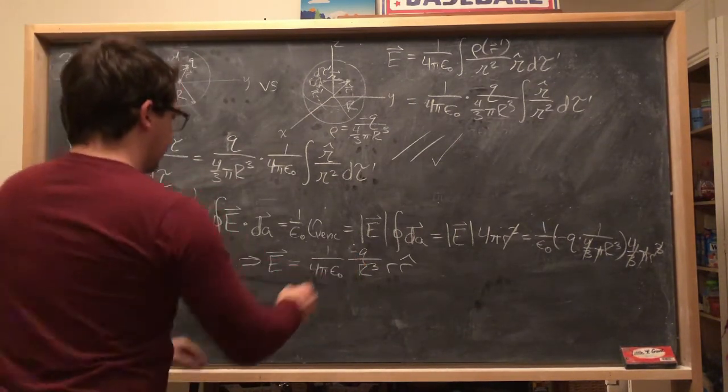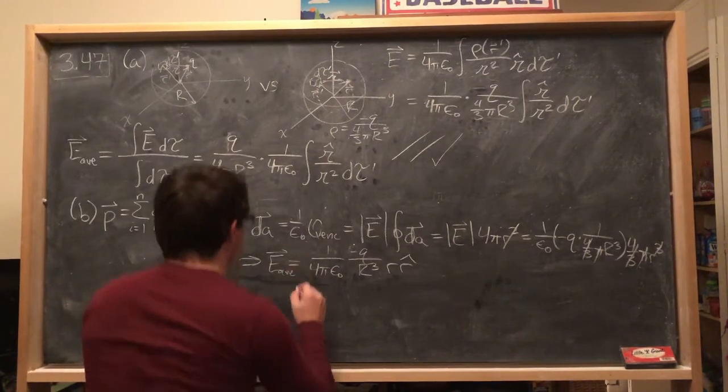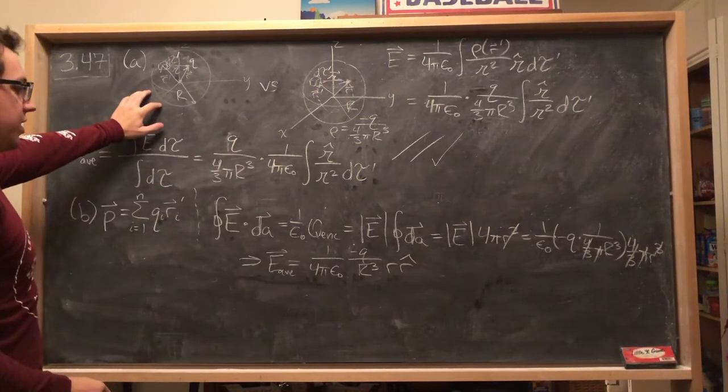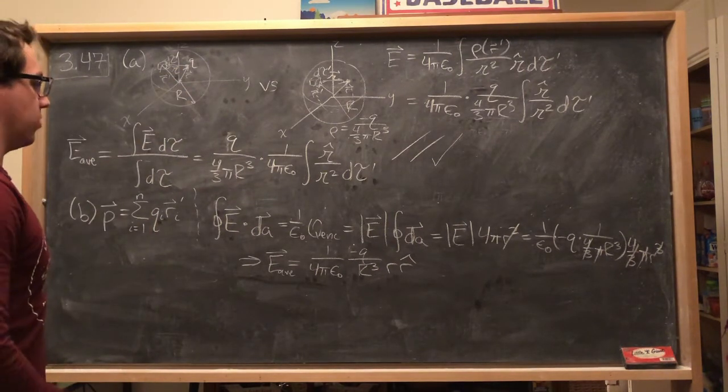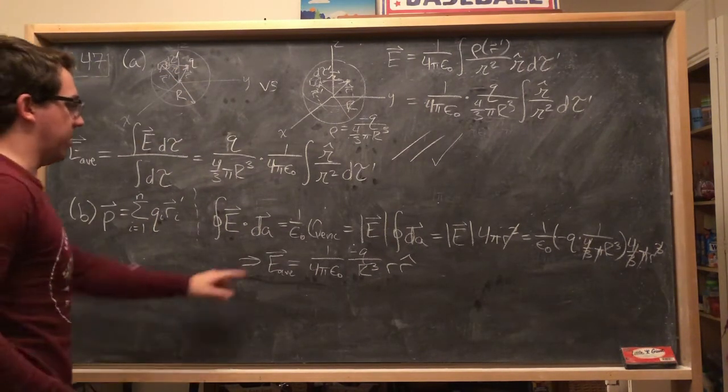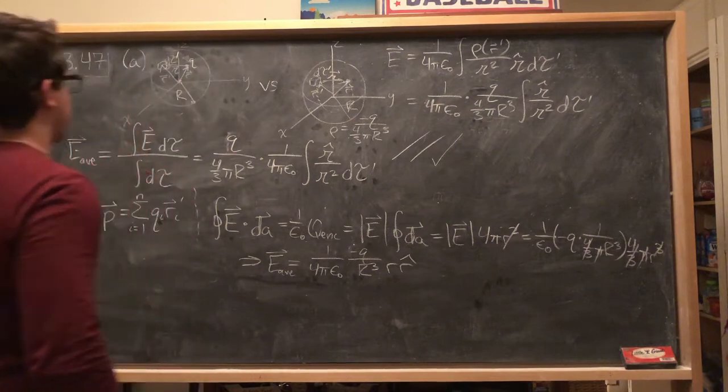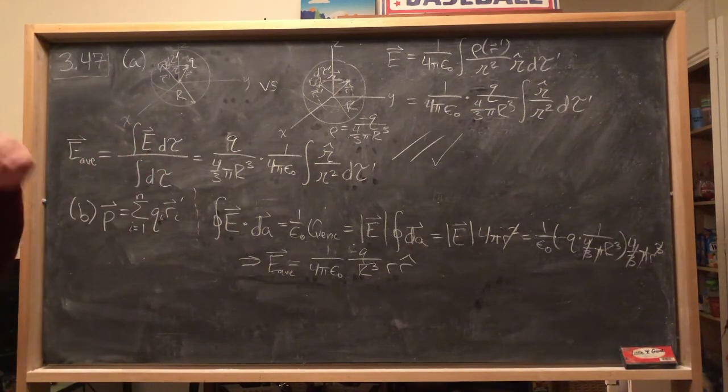So we can say that this is just E average for our first case, where we just have a point charge Q, and we're looking at the average electric field over some sphere that encloses it.